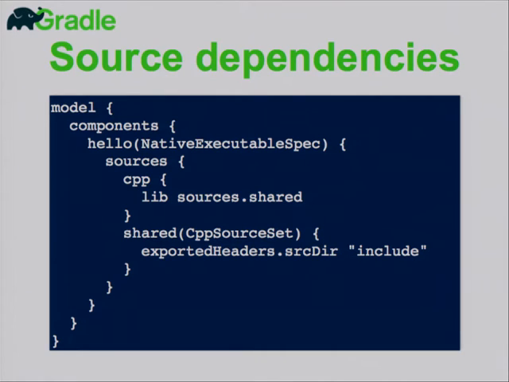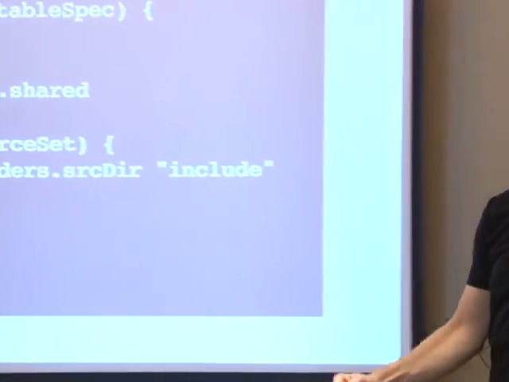Now shared is a CPP source set. It's got some exported headers. This source set is saying, I depend on the CPP source set. And effectively what Gradle does is, well, what does it mean to depend on a C++ source set? It means I grab the headers from here when I compile the sources from this one. Pretty straightforward. Object files are generated. They all end up bundled up into one executable.